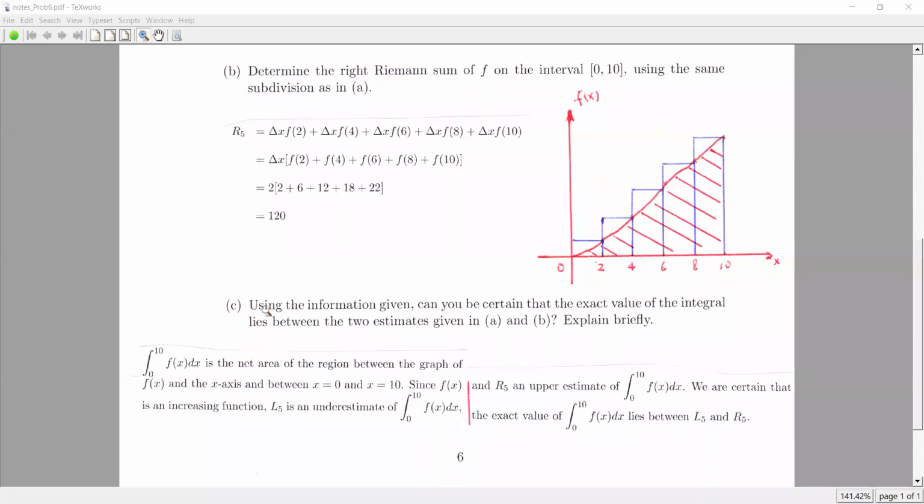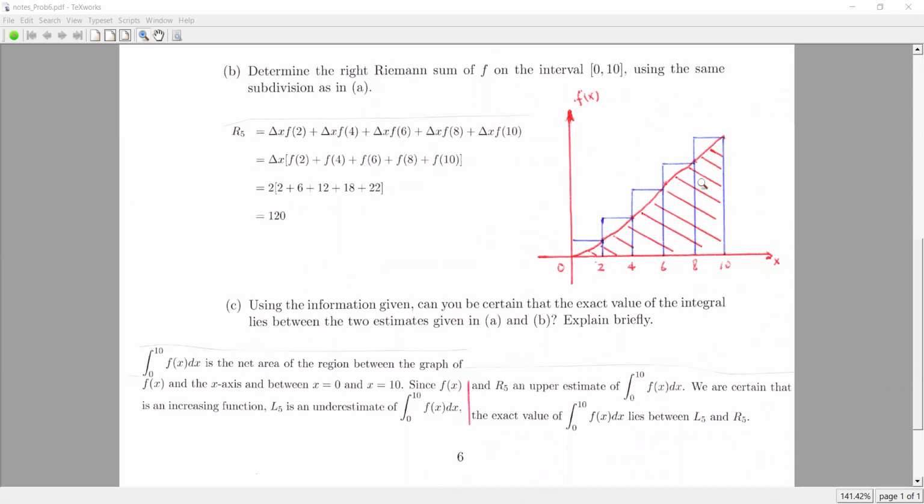Part C. Using the information given, can you be certain that the exact value of the integral lies between the 2 estimates given in Part A and Part B? Explain briefly. The answer to Part C is yes. The exact value of the integral from 0 to 10 lies between the 2 estimates in Part A and Part B. The exact value of the integral is the exact area of the shaded region.